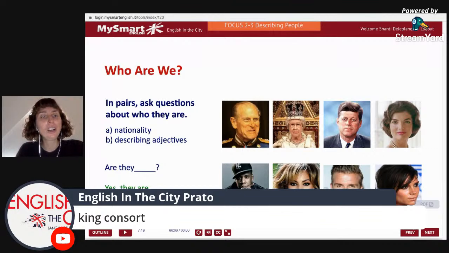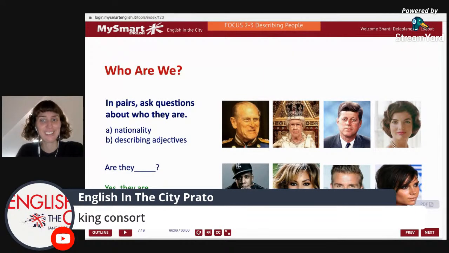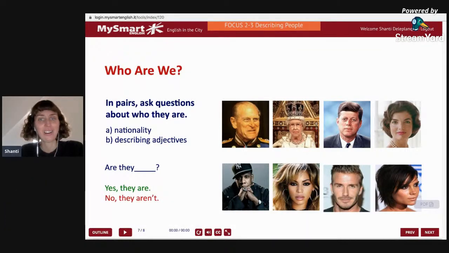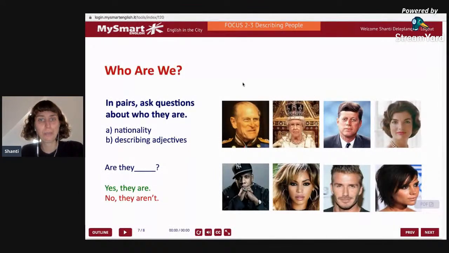So the king consort and the queen are from which country? Where are they from? Any ideas? Where are these two people from?